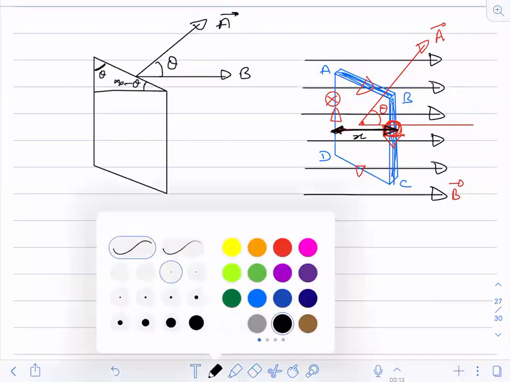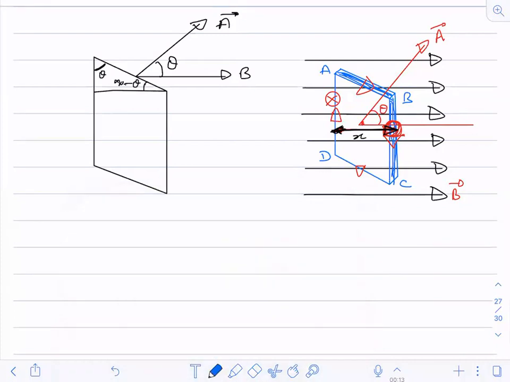So this side is B. If that is B, what will be this length? This will be B sine theta. This length will become B sine theta.